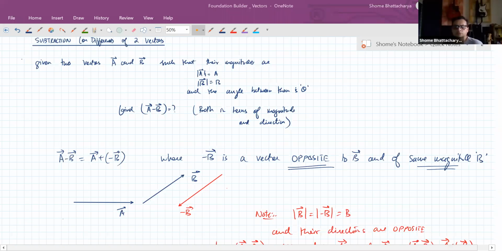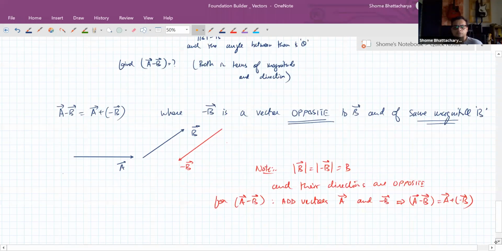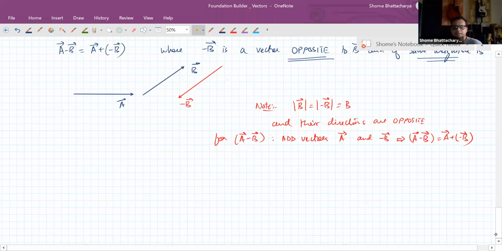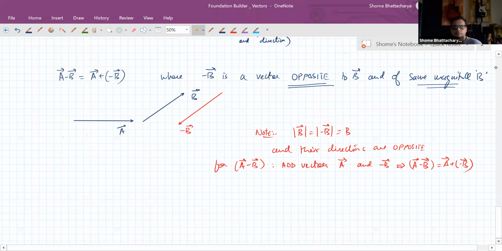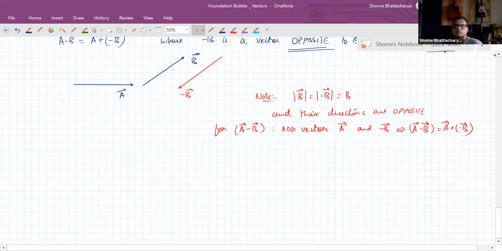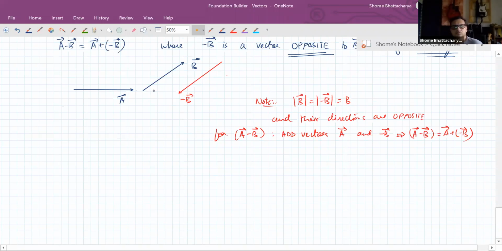So hope you have understood up to this step, all of you. Let's next see how we can do this operation of adding up the two vectors A and minus B. Let us say the angle between A and B was theta.